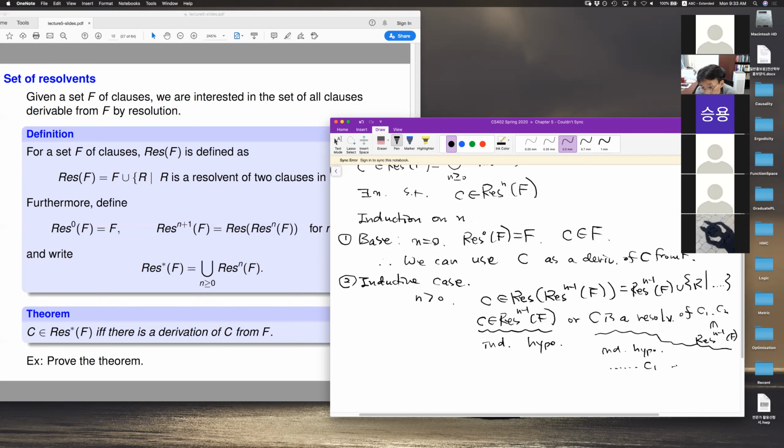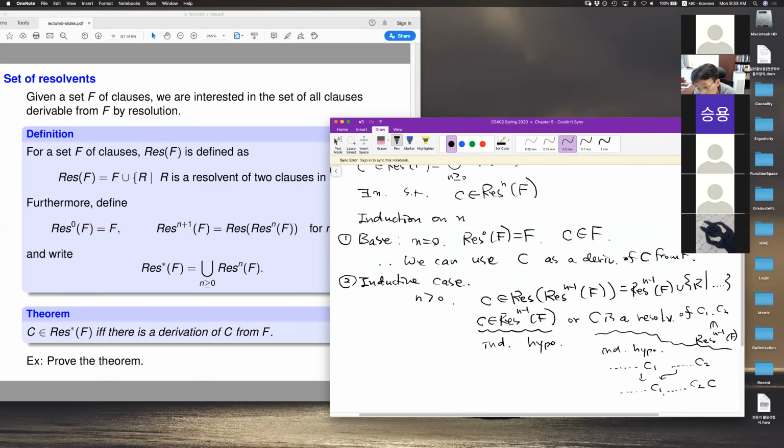And also there is a derivation of C2 by the induction hypothesis, because both of them belong to Res n-1. The way to construct C is to put these two things together. To construct the derivation, we put the derivation for C1, then the one for C2, and last, we put C at the end.